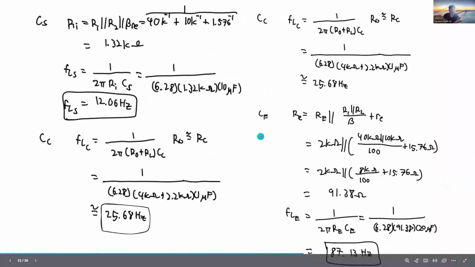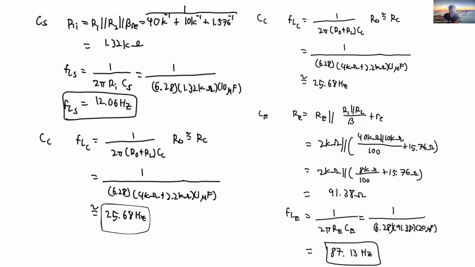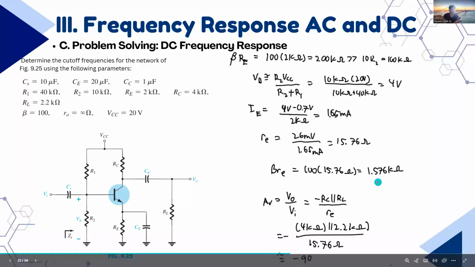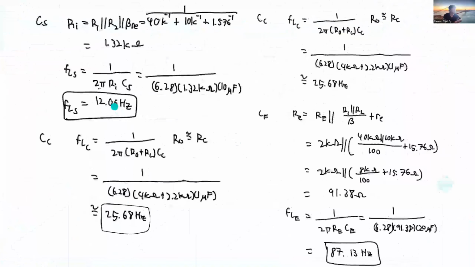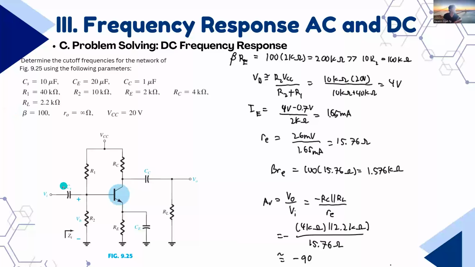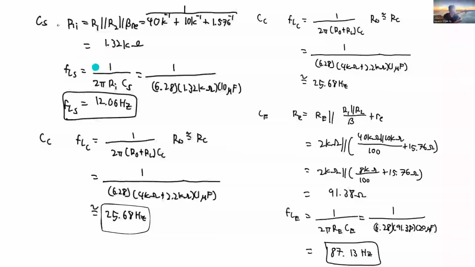So now for the actual frequency response, basically we apply the beta RE, 1.76 kilo ohms, in our formula for the FLS, for the capacitor at the source, CS.